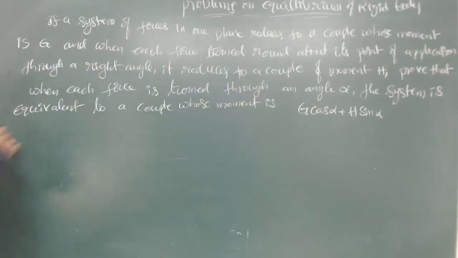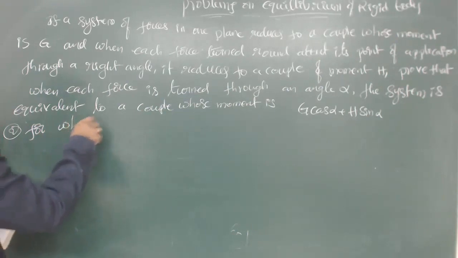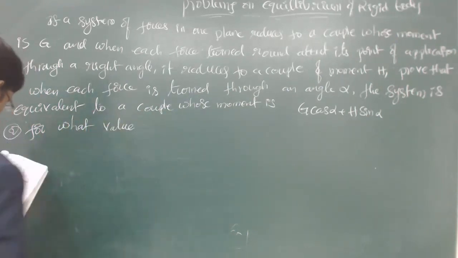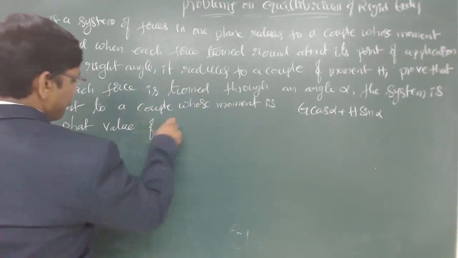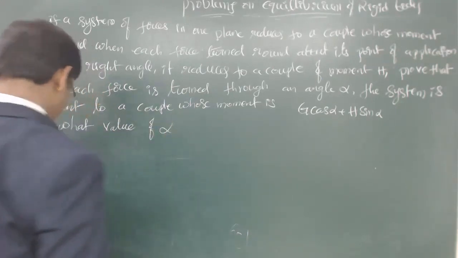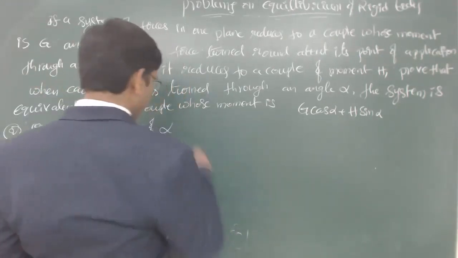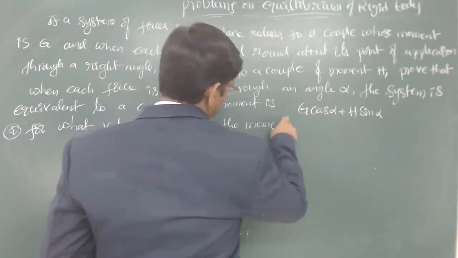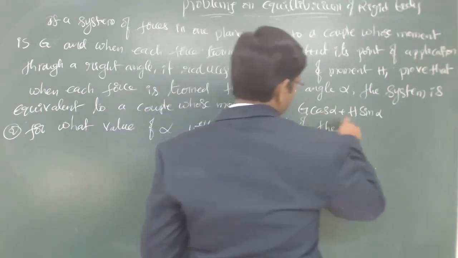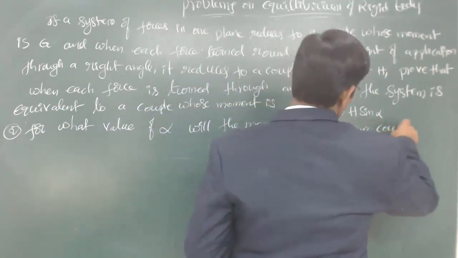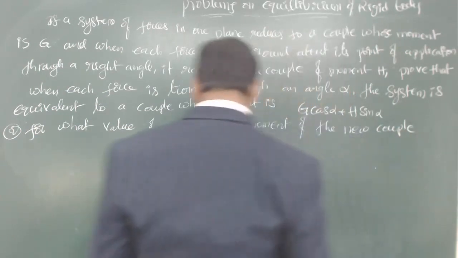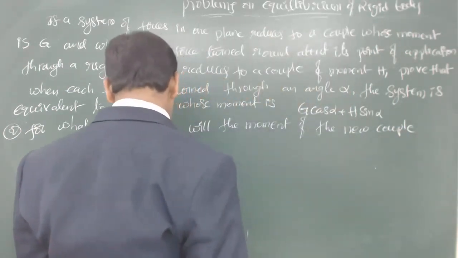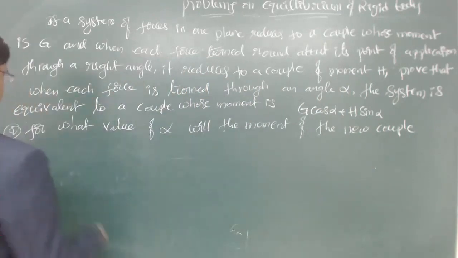And the second problem statement also given in this: for what values of alpha will the moment of the new couple be equal to the moment of the old couple.